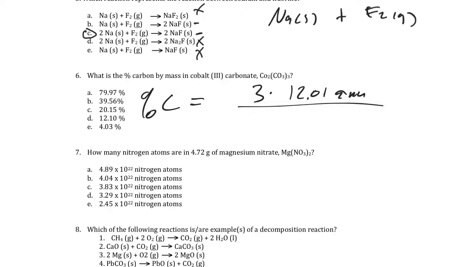So that should be 297.89 times, of course, 100%. So 3 times 12.01 divided by 297.89 works out to about 12.1%. So 12.10%.